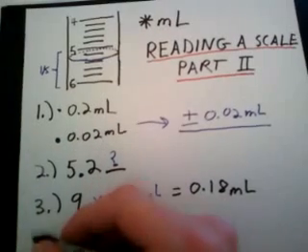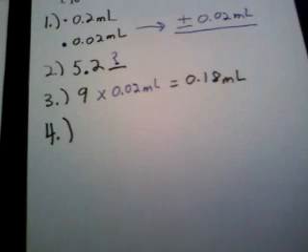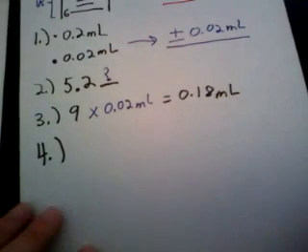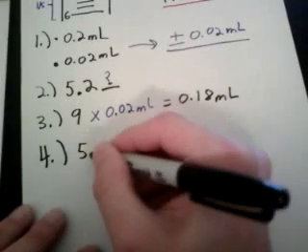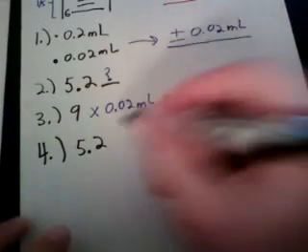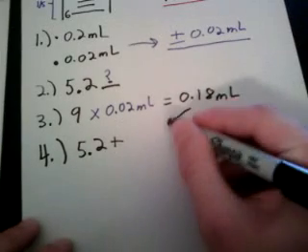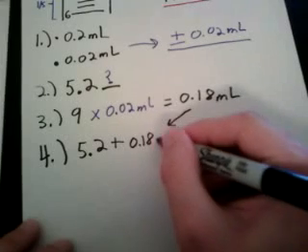So now we're on to the final step, which is just putting it all together. Whoops. Tilted the camera there for a minute. So putting it all together, our certain digits, those are 5.2, and we're going to add that to this guy right here, 0.18 milliliters.